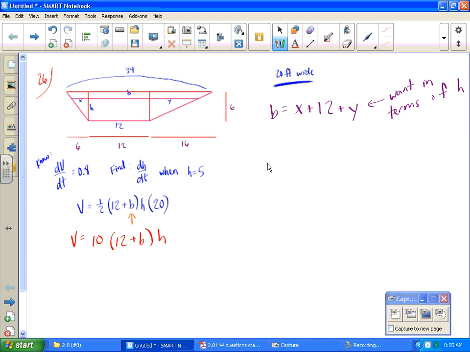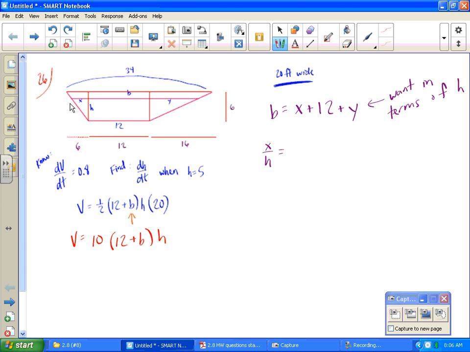Okay. So with similar triangles, look at this triangle to start with, okay? So looking at that triangle, I know X is to H as what is to what? What's this length here? Nope. 6, isn't it 6? You see that? So X is to H as 6 is to 6, right?